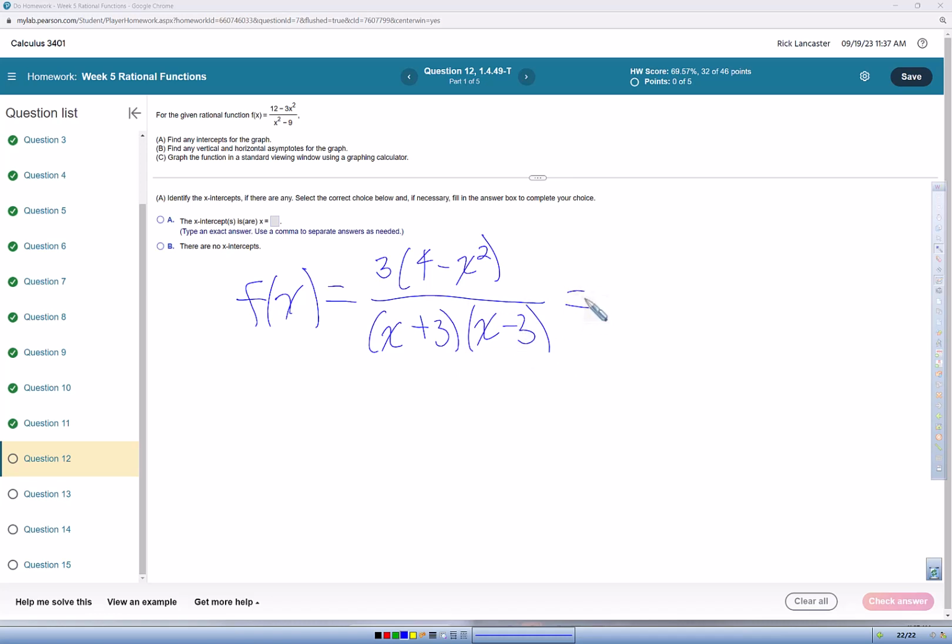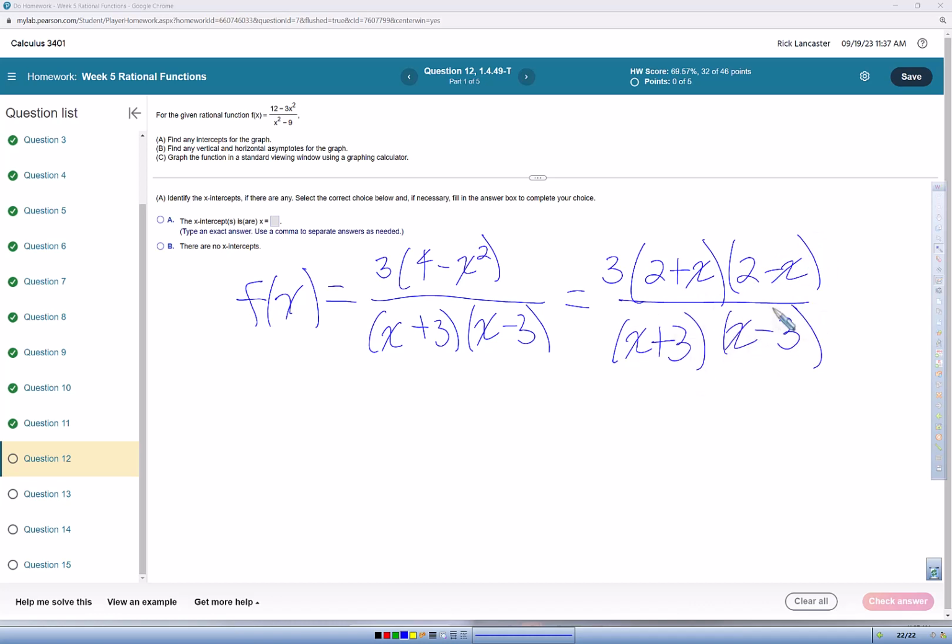And up here, this is actually a difference of two perfect squares again. So 3 over 2 plus x times 2 minus x over x plus 3 times x minus 3.